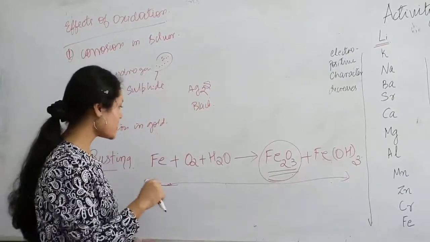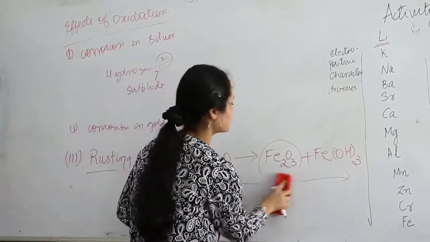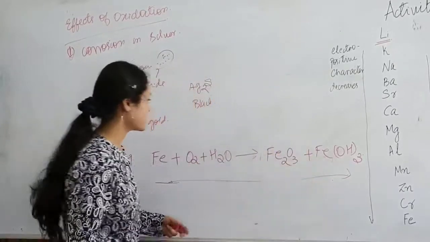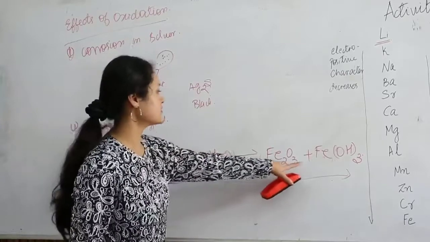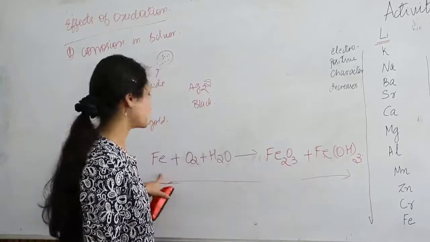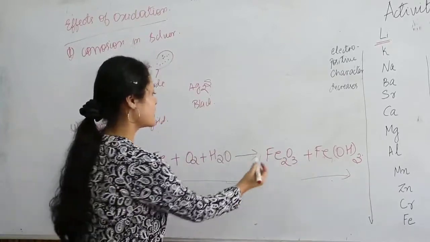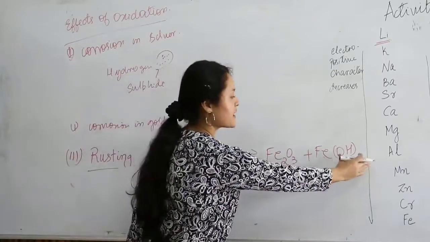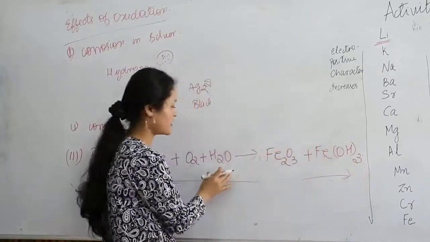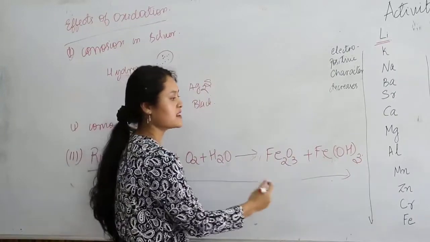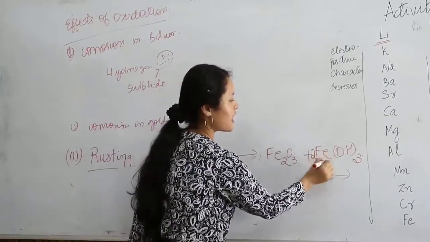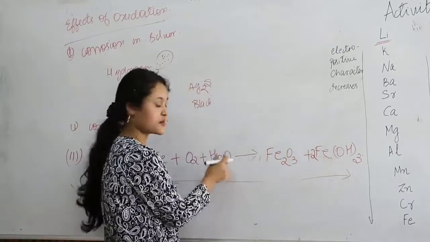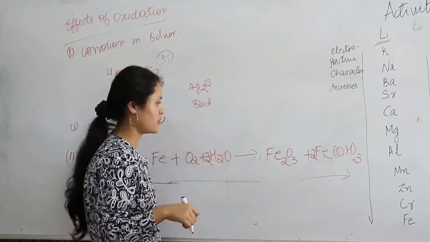So first of all, let us balance this one. We see here iron, there are 3 on this side and here only 1. So let us first balance hydrogen. There are 3 hydrogens here and here there are 2. To make it balanced, multiply by 2 here, you will get 6 hydrogens, and to get 6 here we multiply by 3.